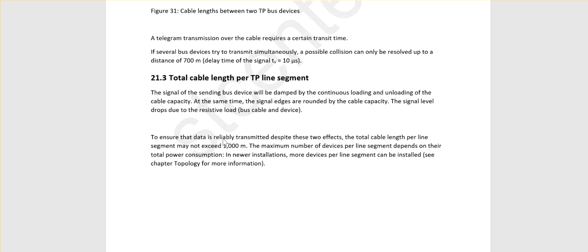In my opinion, always try to keep a 20% saving. I mean, if 1000 meters is the capacity of the cable, you should not exceed 700 to 800 meters. Okay, in this way, you will be on the safe side.